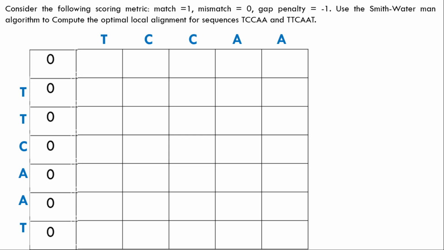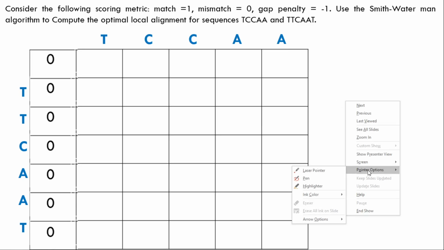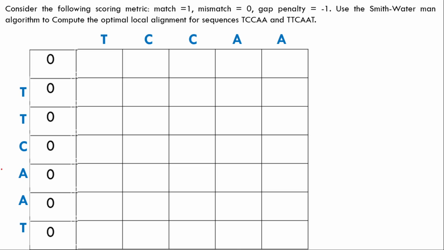I'm sharing the example with you so that along with me you can also perform it. Meanwhile, you can pause the video and write down whatever I'm explaining in your book and solve it. Here I have two sequences.